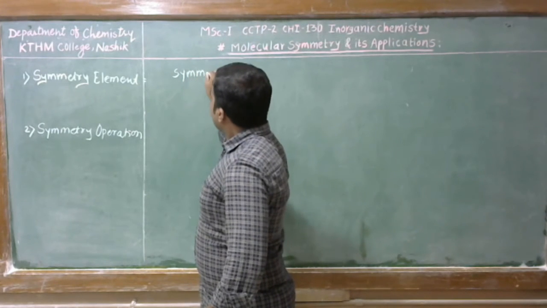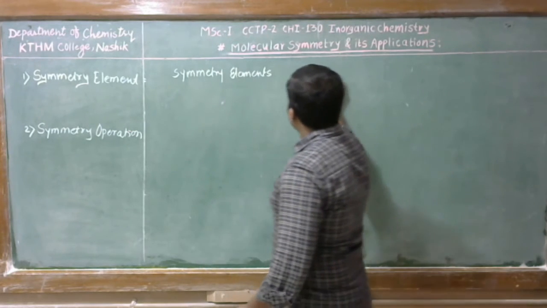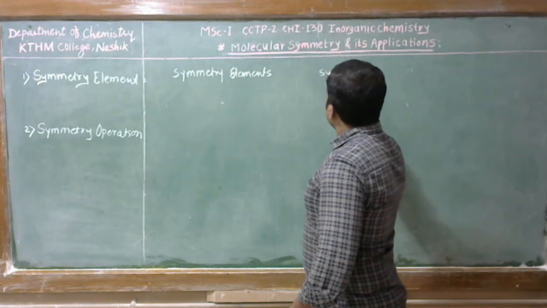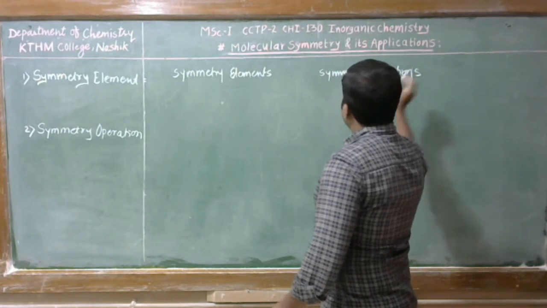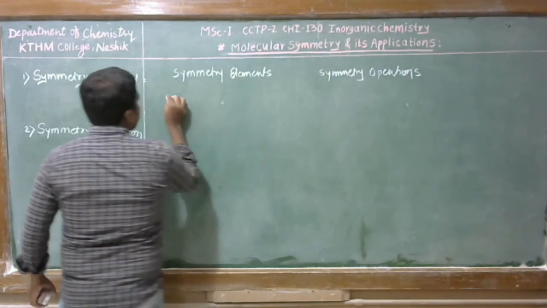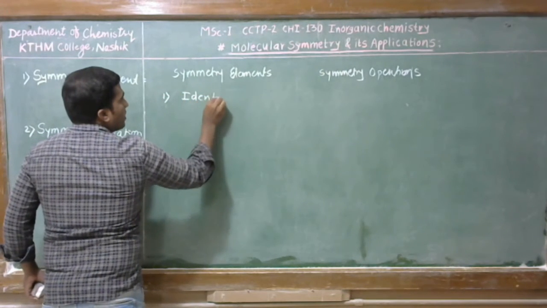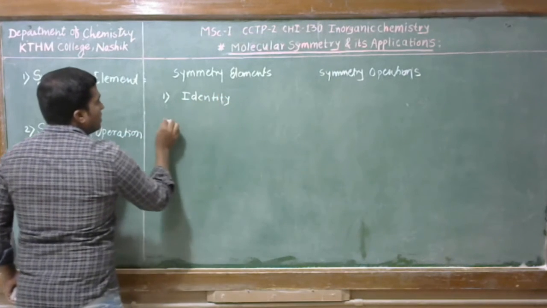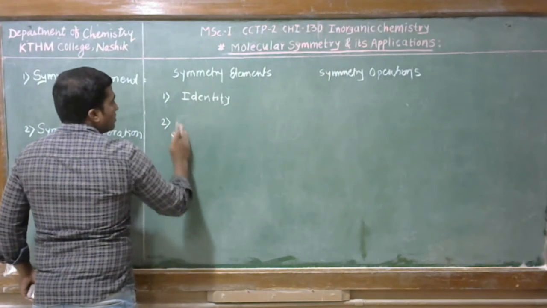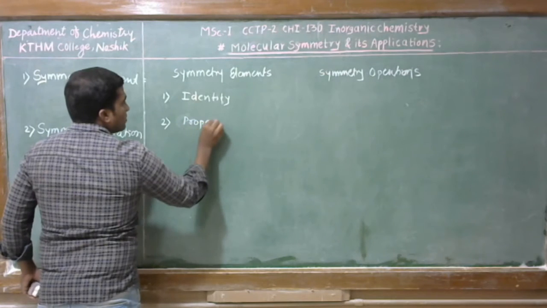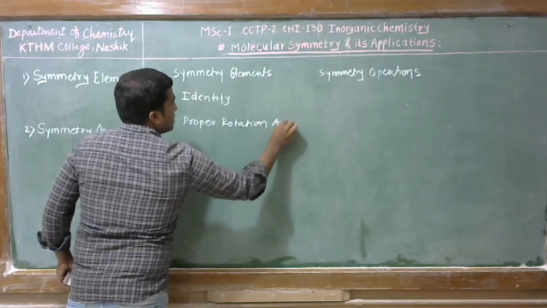symmetry elements and symmetry operations. So first symmetry element is identity. Second symmetry element is proper rotation axis.